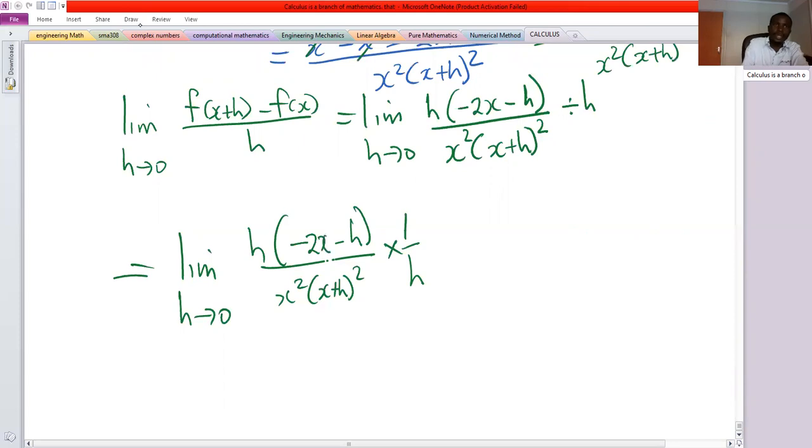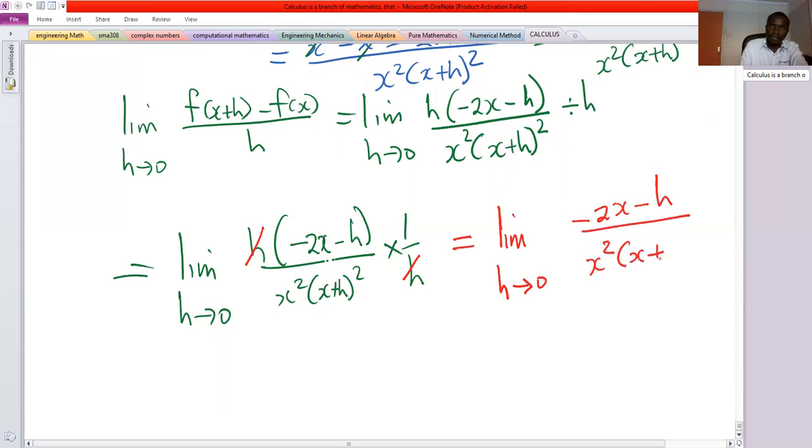Now h and h cancel out, so that we'll have the limit as h approaches 0 of minus 2x minus h divided by x squared into x plus h squared. Now, after that cancellation, direct substitution will work, so that we'll have negative 2x minus 0 over x squared into x plus 0 squared.